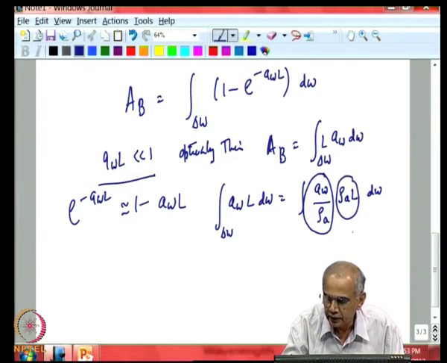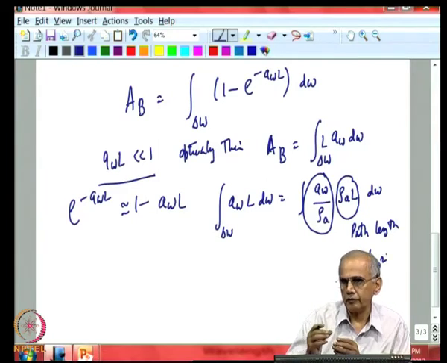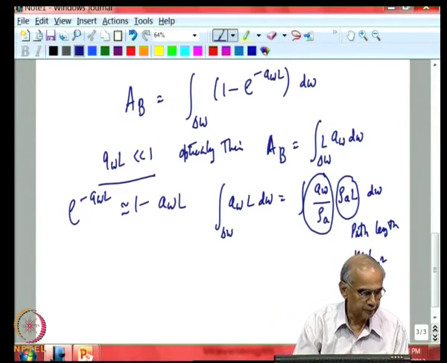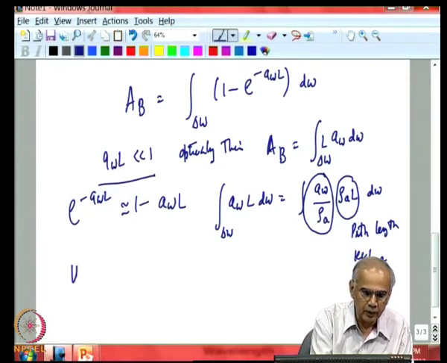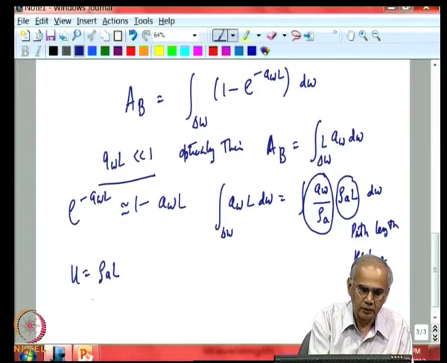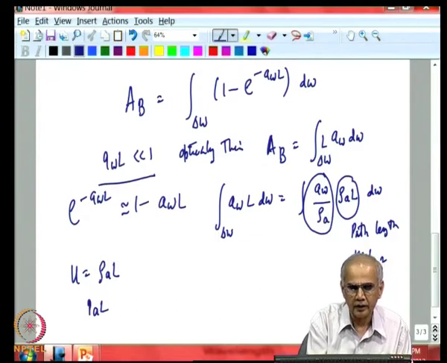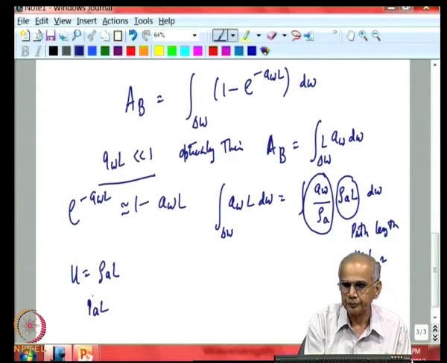This is called the path length, and now this path length will have units of kg per square meter. So, it is the amount of matter along a path, and this is usually called U. So, U can be either rho L, or sometimes it is also in terms of the pressure path length P L, and they are related through the ideal gas law.